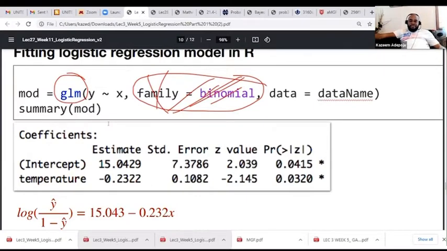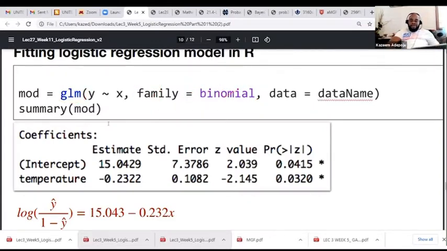I'm going to say that again. Even if you put GLM and you decided not to indicate family equal to binomial, the result you're going to have will not be different from the linear regression results. So you have to make sure you put family equal to binomial.